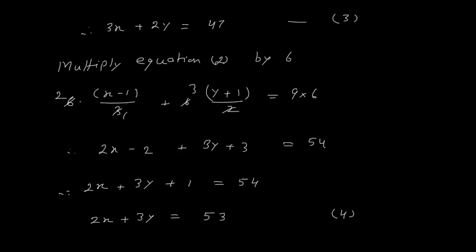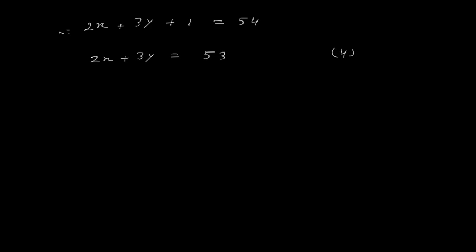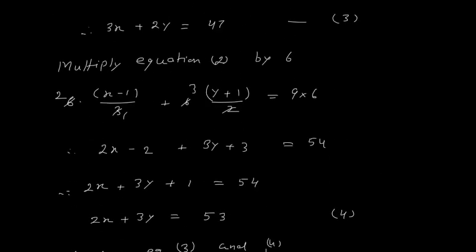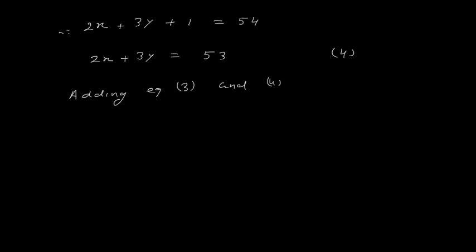So here I will say adding equation 3 and 4. Equation number 3 is 3x plus 2y is equal to 47.